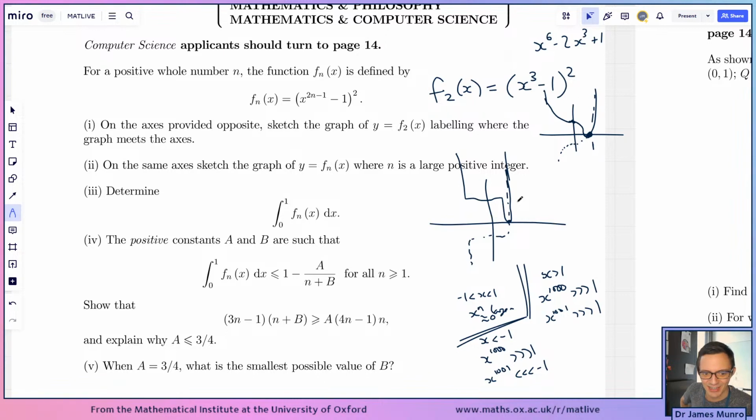Yeah, in chat, it is important whether the power is even or odd. We know that 2n minus 1 is odd. What would it be like if the power was even? Well, if the power was even, then the function would be symmetric in reflection in the y-axis.